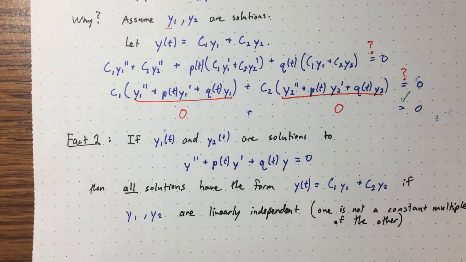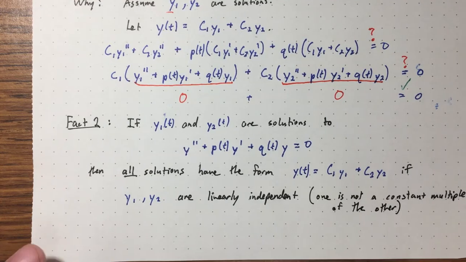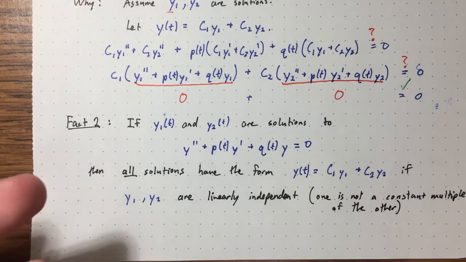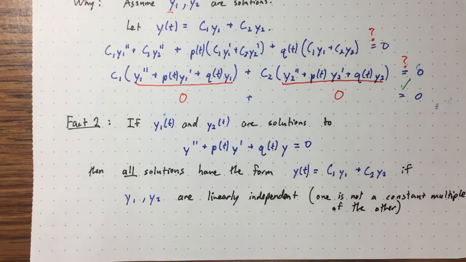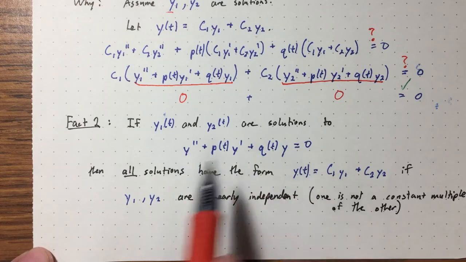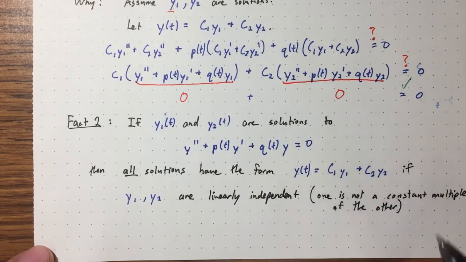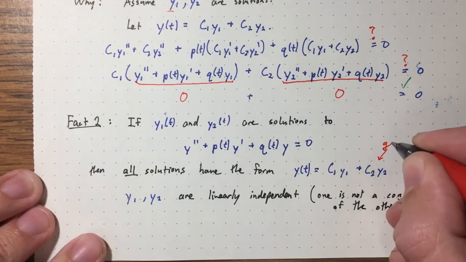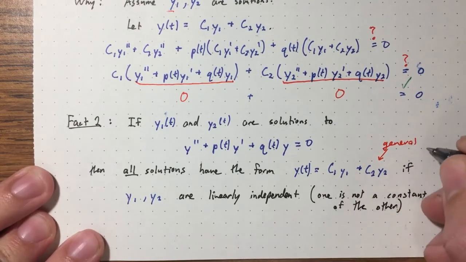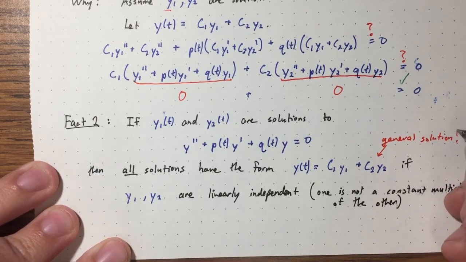So as long as we have our hands on 2 solutions, where one's just not a constant multiple of the other, so they're different looking solutions, then we actually can write down every single solution to this linear differential equation. They all have this form. So in other words, this is the general solution to the second order linear differential equation. It's all the solutions.